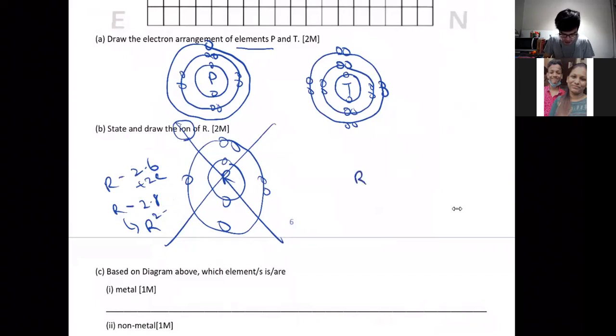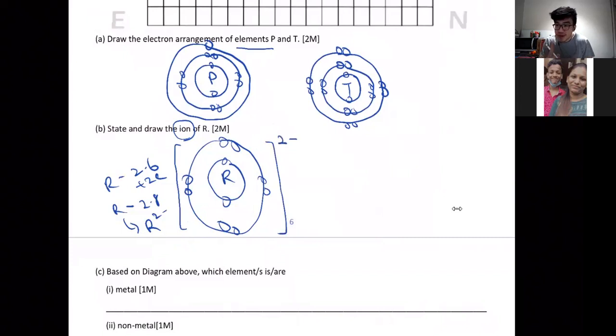So your R should be, you know what, I'm just going to use back the old one. It should be 2 more. To show this is a negative ion, you should put a square bracket and write 2 negative. Remember, it must be a square bracket. I know this is a trivial thing, but if you put a round bracket, your answer is wrong.